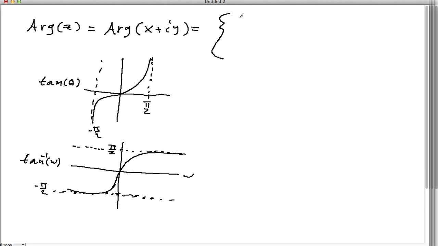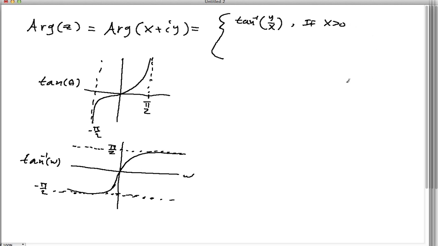So what we want to do is write this argument as follows. This is going to be the tangent inverse of the rise over the run, and that's if x is greater than 0.